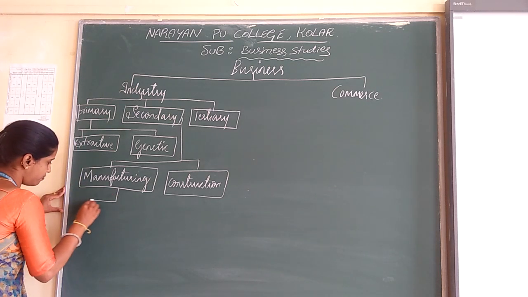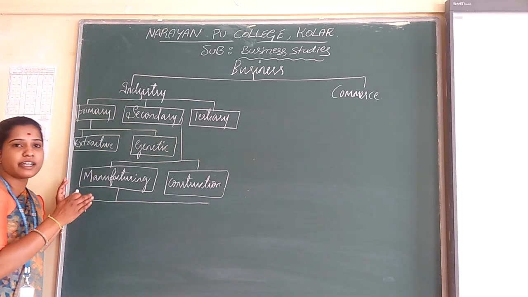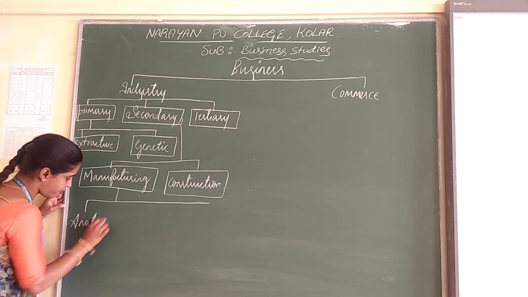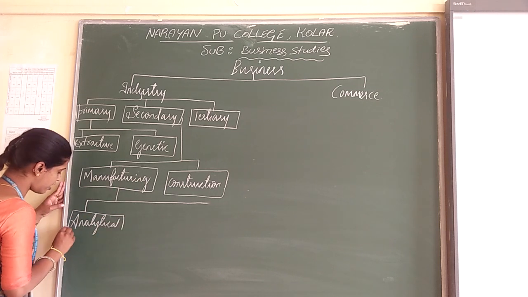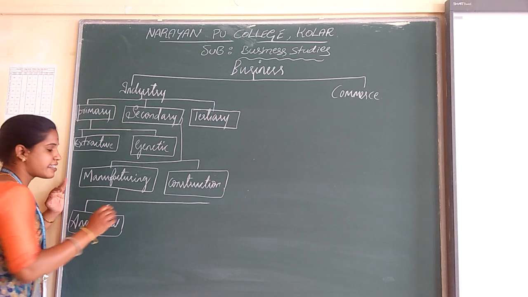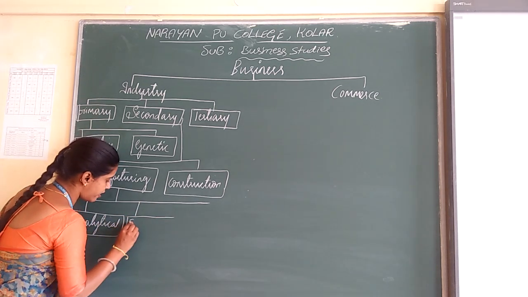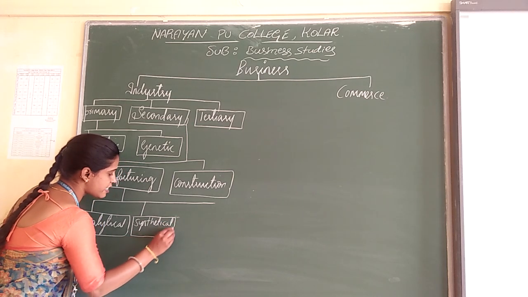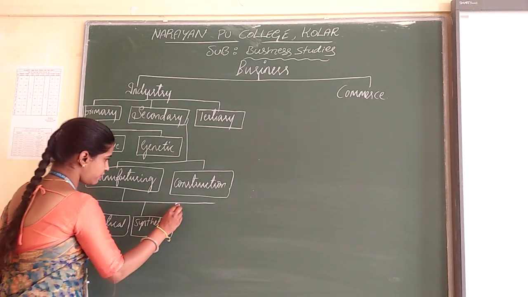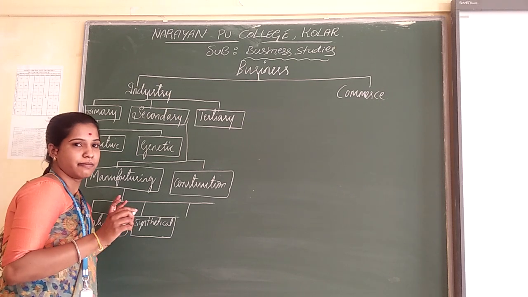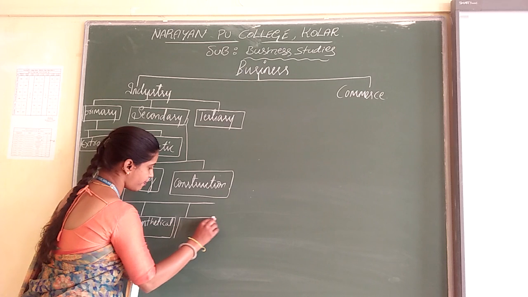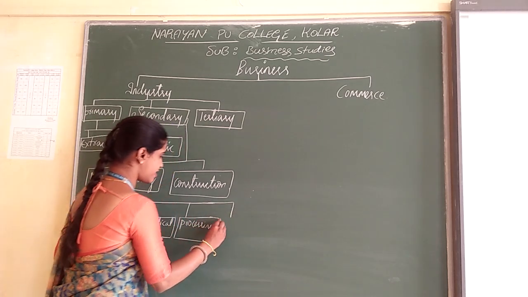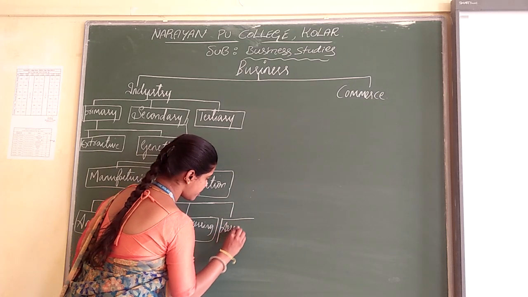The first one is analytical industry, the second one is synthetical industry, the third one is processing industry, and the fourth one is assembling industry.